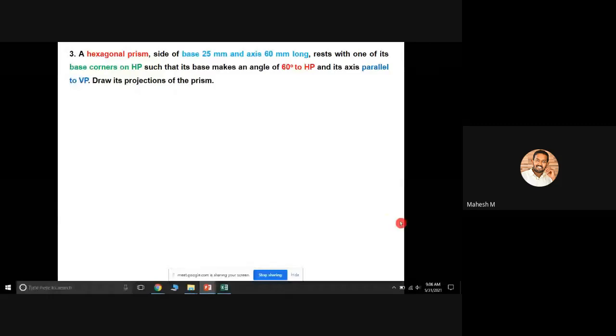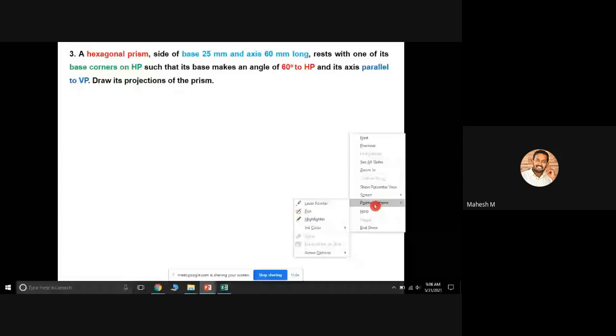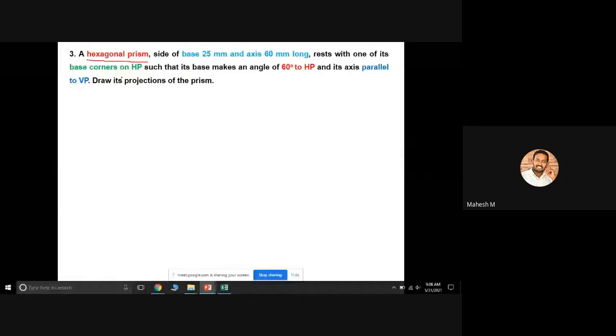Okay. A hexagonal prism, side of base 25 mm. Okay. So a red color highlighted word mentions whether it is a prism or pyramid and what is the shape of the particular problem. So it is a hexagonal prism. Okay. So side of base 25 mm.